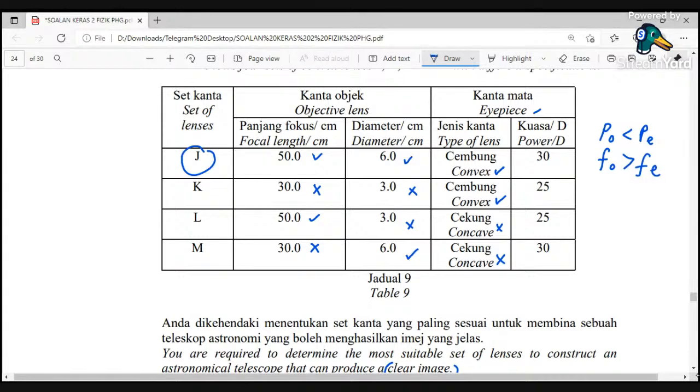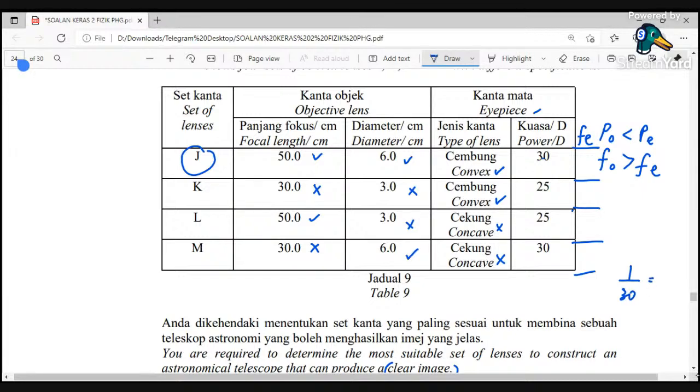Okay, here there is power in D, so we can calculate the focal length for the eyepiece. FE we can calculate here. Okay, let's just look. So this is 1 over 30.